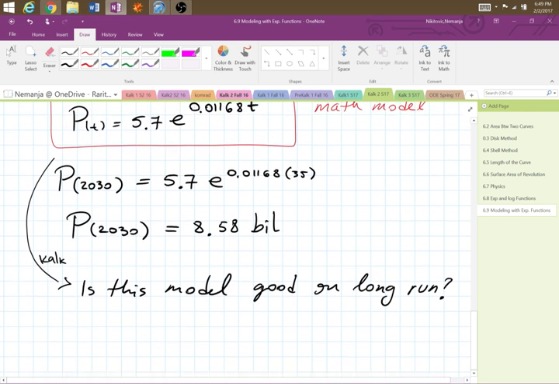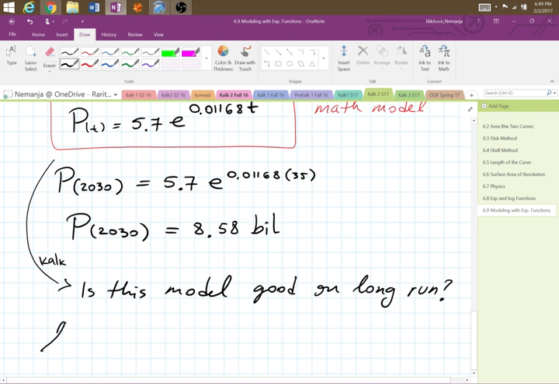And the way to check that is, hey, look at that. So what you do is you take the limit as time goes to infinity, right? 5.7 e to the 0.01168 t.